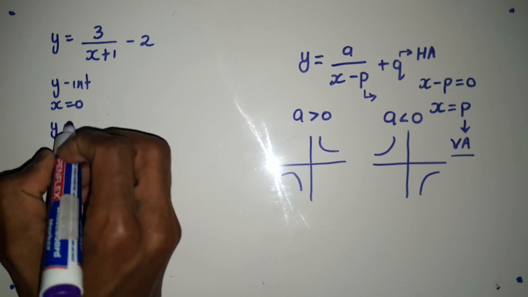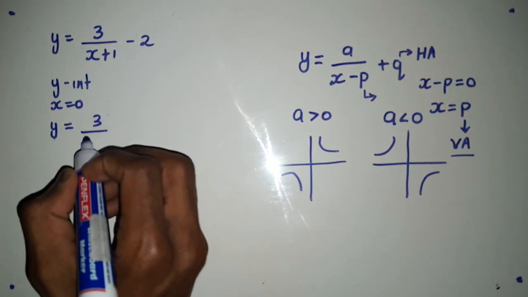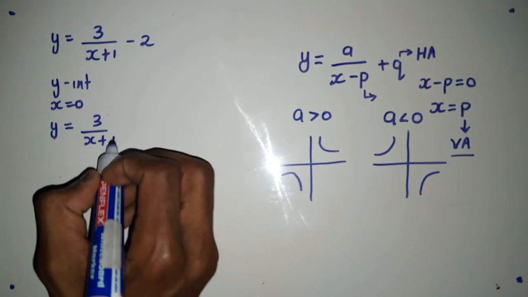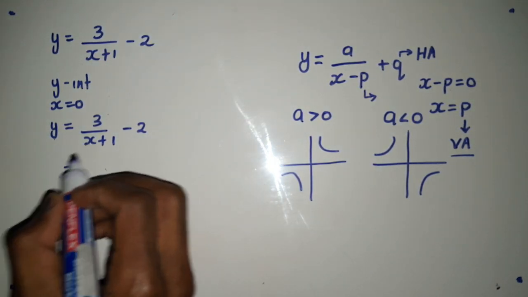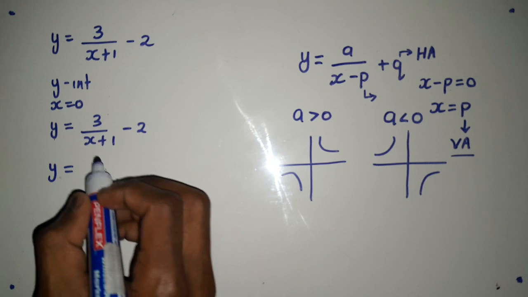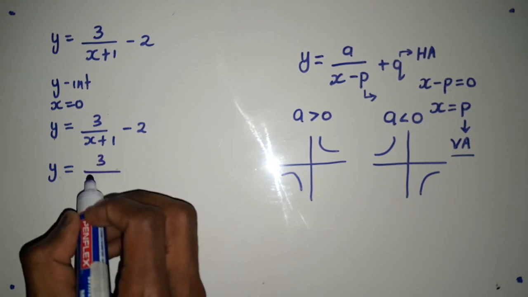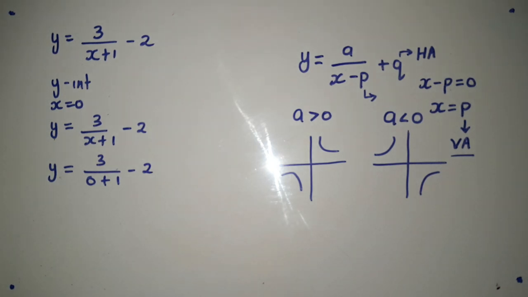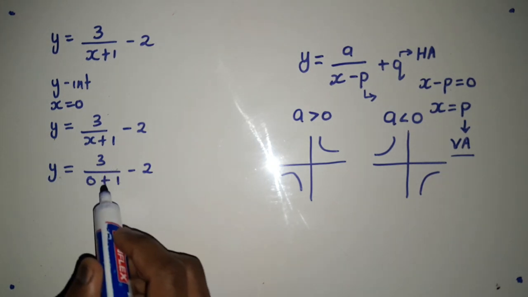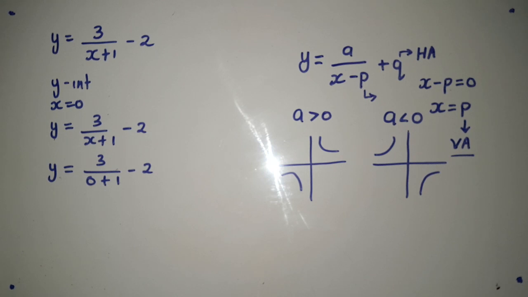Then it's going to be 3 over (x plus 1) minus 2. Where we see x, let us substitute 0. We know that 0 plus 1 is going to be 1.